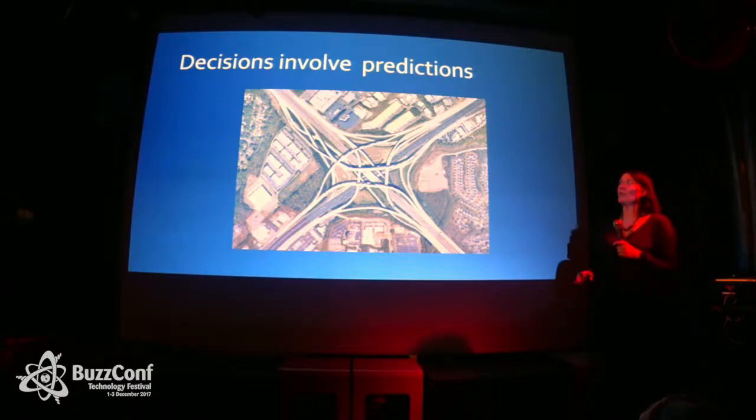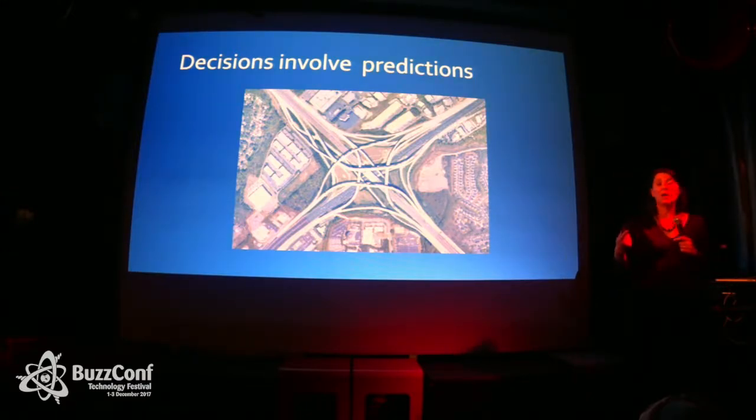Decisions that we're trying to make often involve predictions. When you're driving on the highway and trying to decide the best route from your house to your work, you're making a prediction about where there's going to be less traffic.